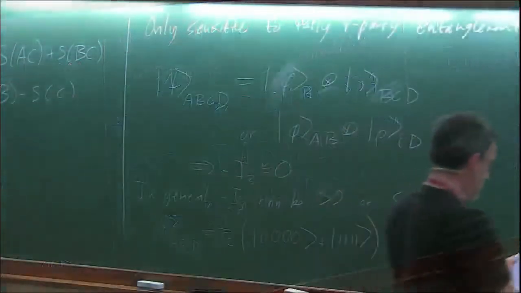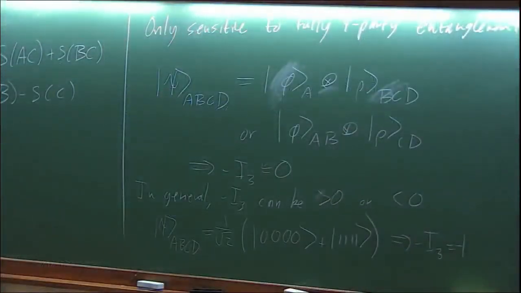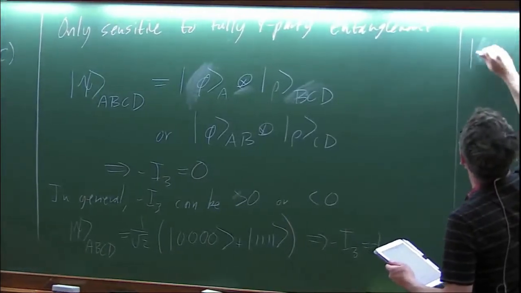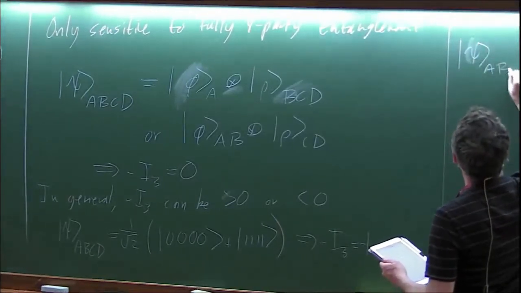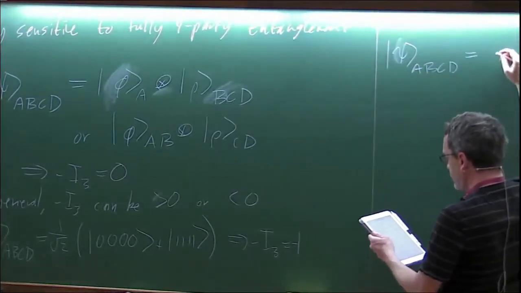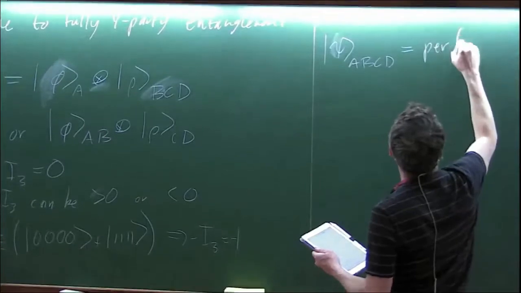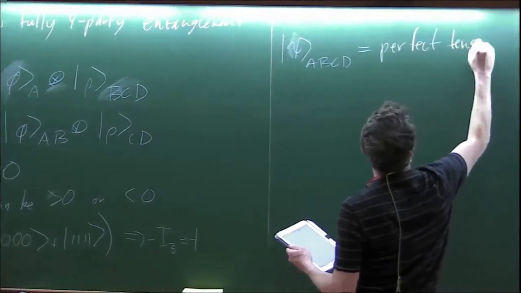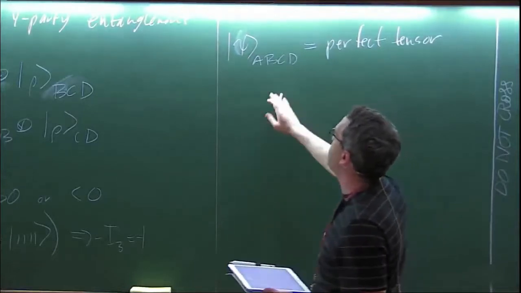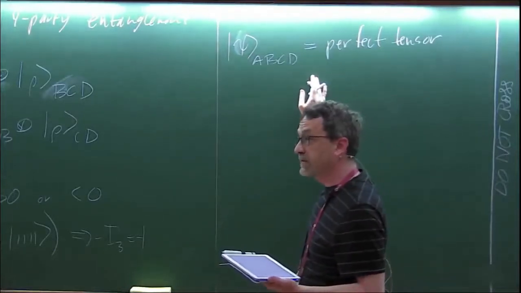On the other hand, you can get a positive value, and the simplest example where you get a positive value is one of these perfect tensors. A perfect tensor state is one where every subsystem is maximally mixed.